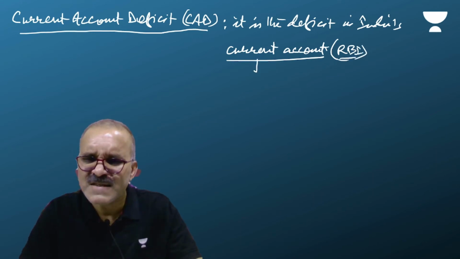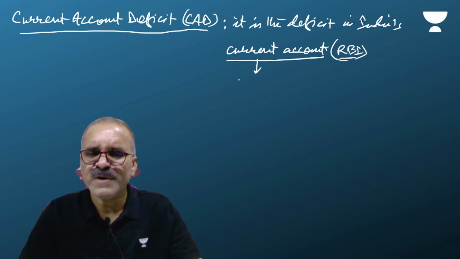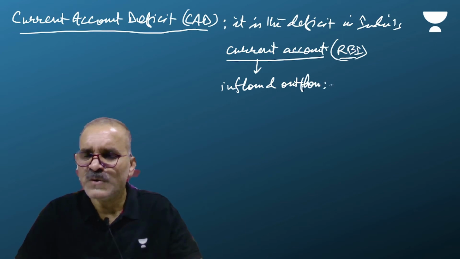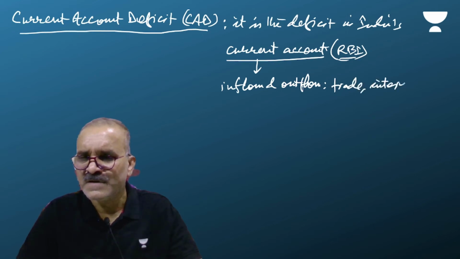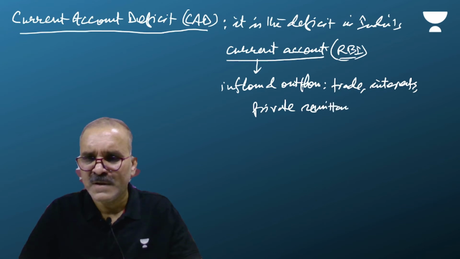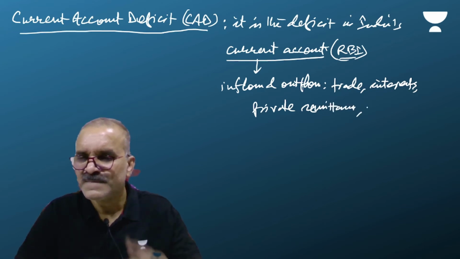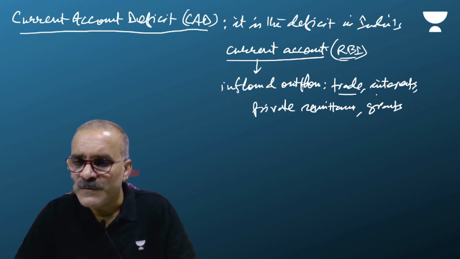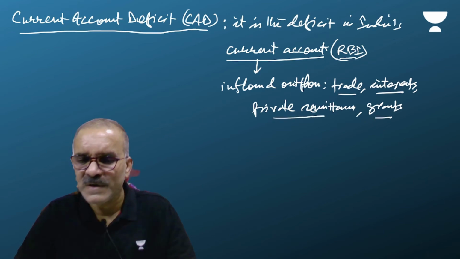The current account includes inflows and outflows due to foreign trade, interests, private remittances and grants. These are the items mentioned in the current account of a country.